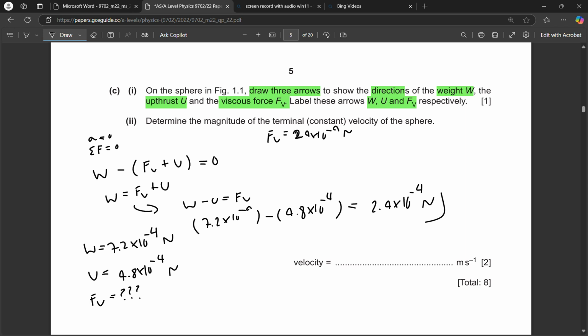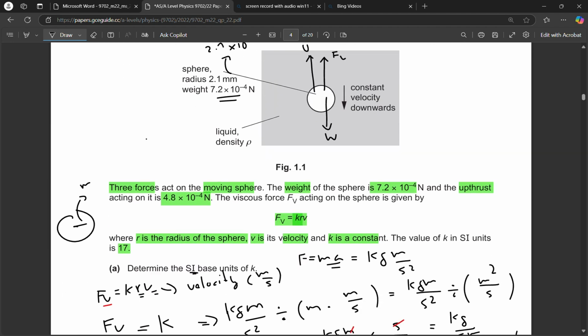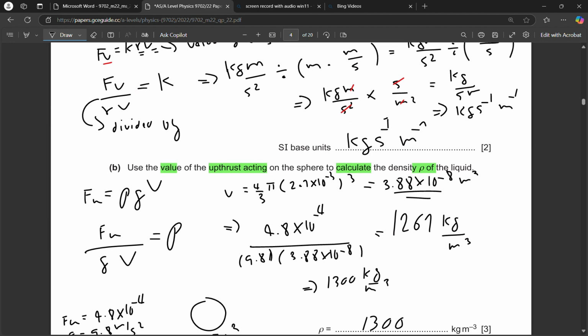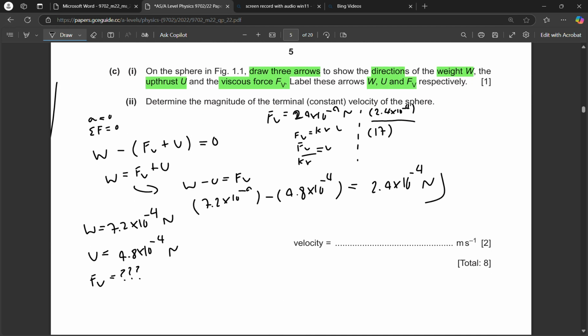All right, so FV is KRV, then FV divided by KR is going to give us the velocity, which is what we're looking for. So substitute in all our values, and it will be 2.4 times 10 to the power negative 4 divided by 17, because K is given up here. Remember, K is given here. Then multiply that by the radius, which is 2.1 times 10 to the power negative 3.